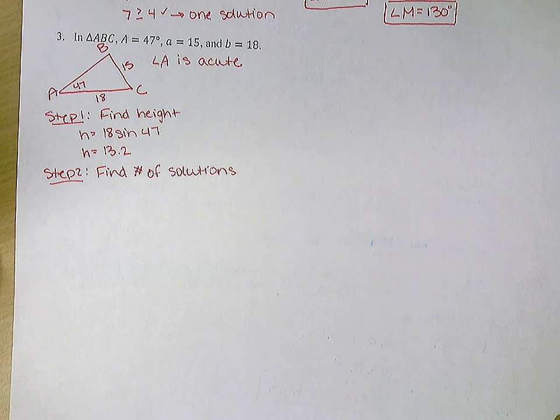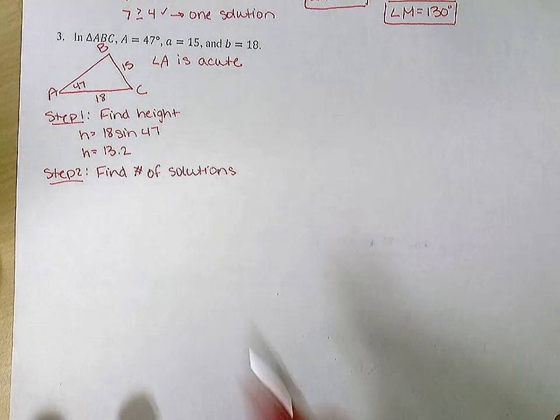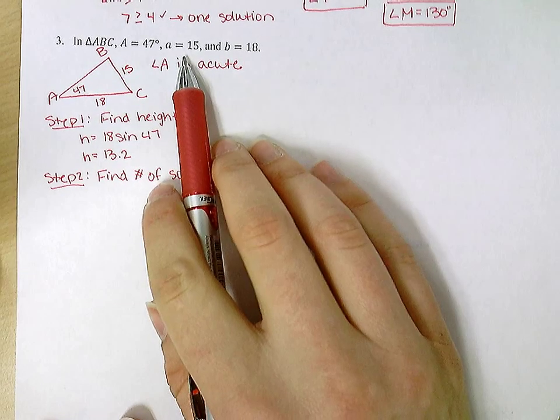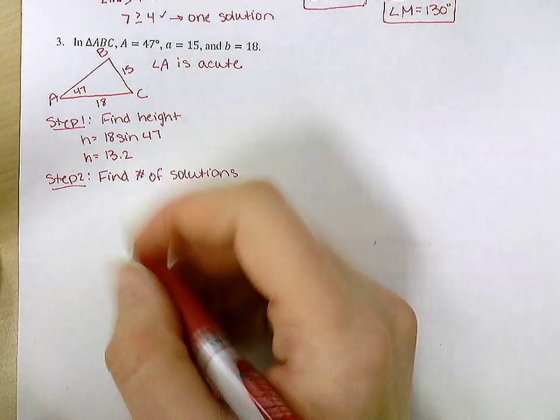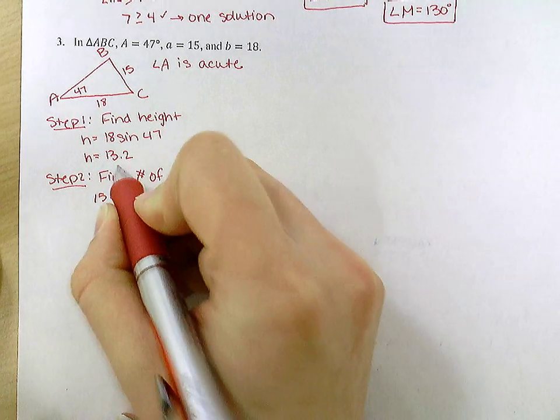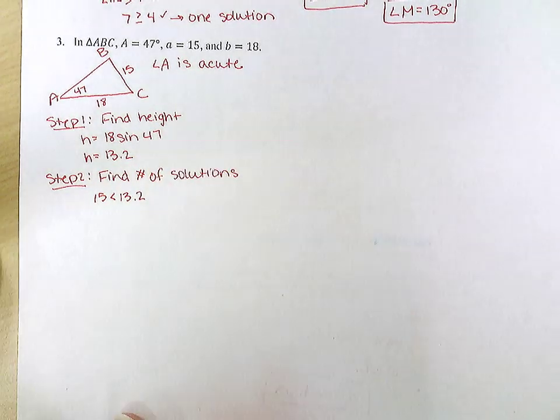Your next step then is to find the number of solutions. So we're using, again, that chart from the front. So you want to see if your side opposite your angle, so letter A, 15, is less than H. So is 15 less than your H value that you found?